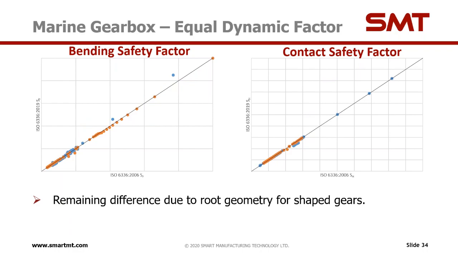If we switch on this clipping for the ISO 6336 2006 version, the lines would actually become more linear.